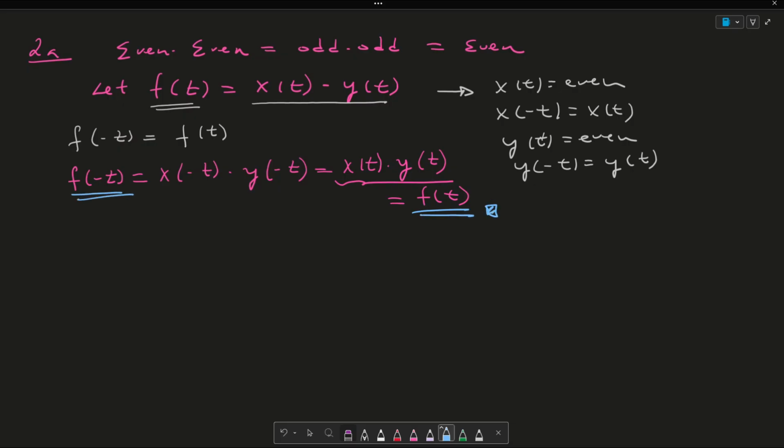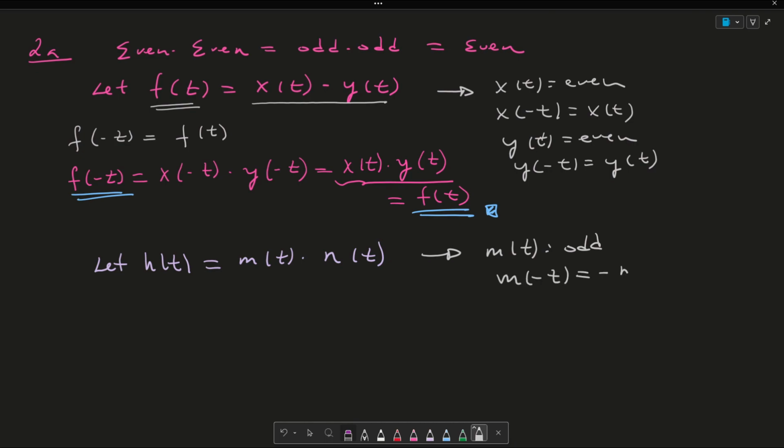This proves that an even function times an even function is an even function. So the next part is to say that let h(t) be equal to m(t) times n(t), where m(t) is an odd function. That means that m(-t) is equal to minus m(t), and n(t) is also an odd function.